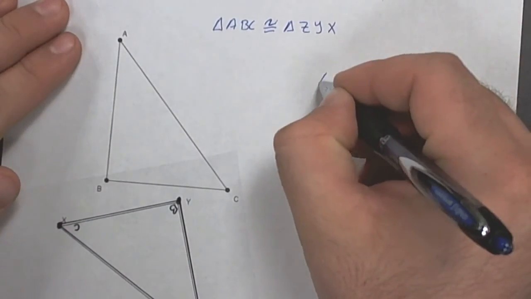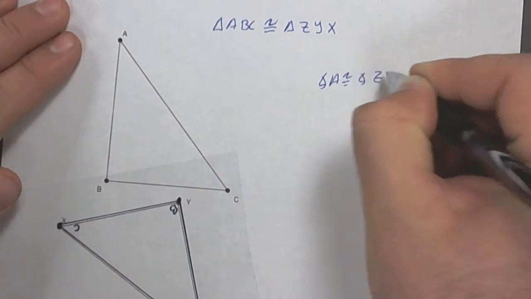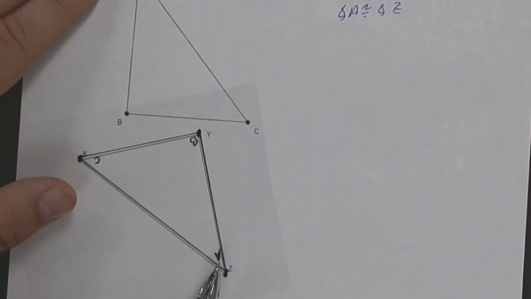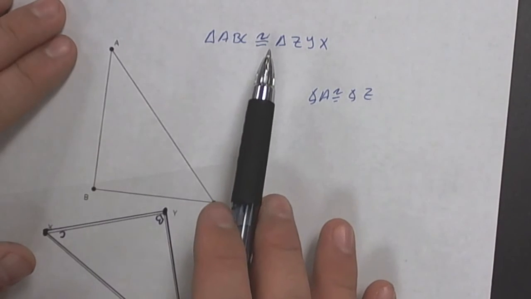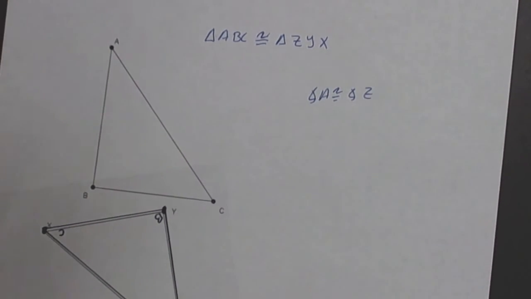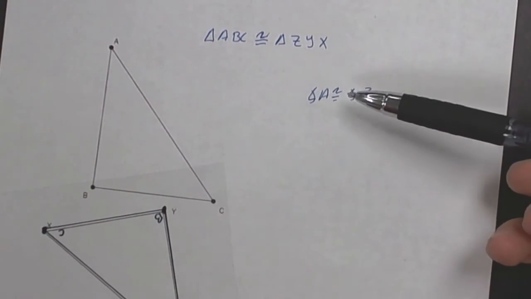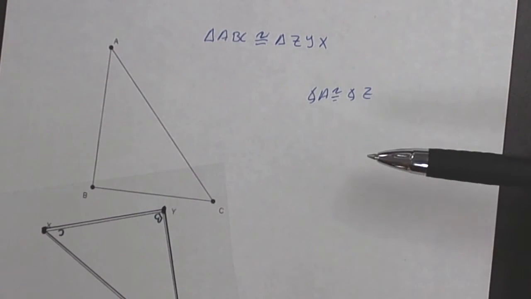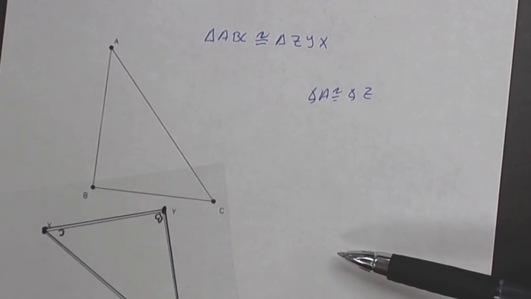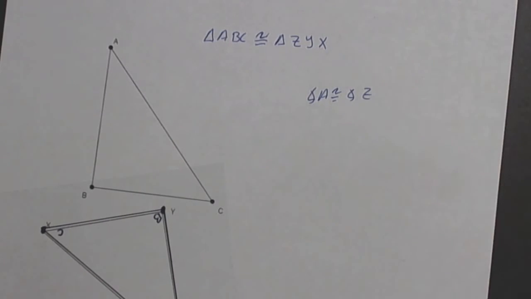Angle A is congruent to angle Z. If we know the triangles are congruent, then the pieces are congruent, just like to prove that they're congruent, we check whether all the pieces are congruent.